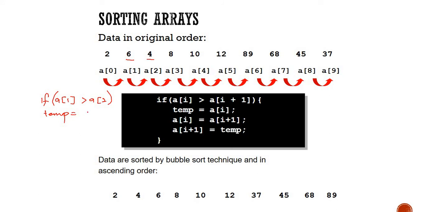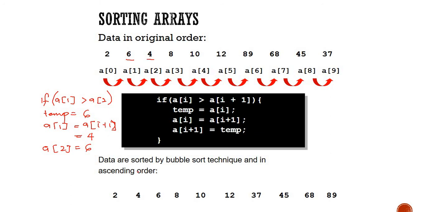So meaning that temp equals 6. Then A1 equals A[i+1], so A1 will get 4. And A[i+1], A2, equals temp, so A2 becomes 6. So now A1 becomes 4, A2 becomes 6. So this is the swapping process. This is the code.